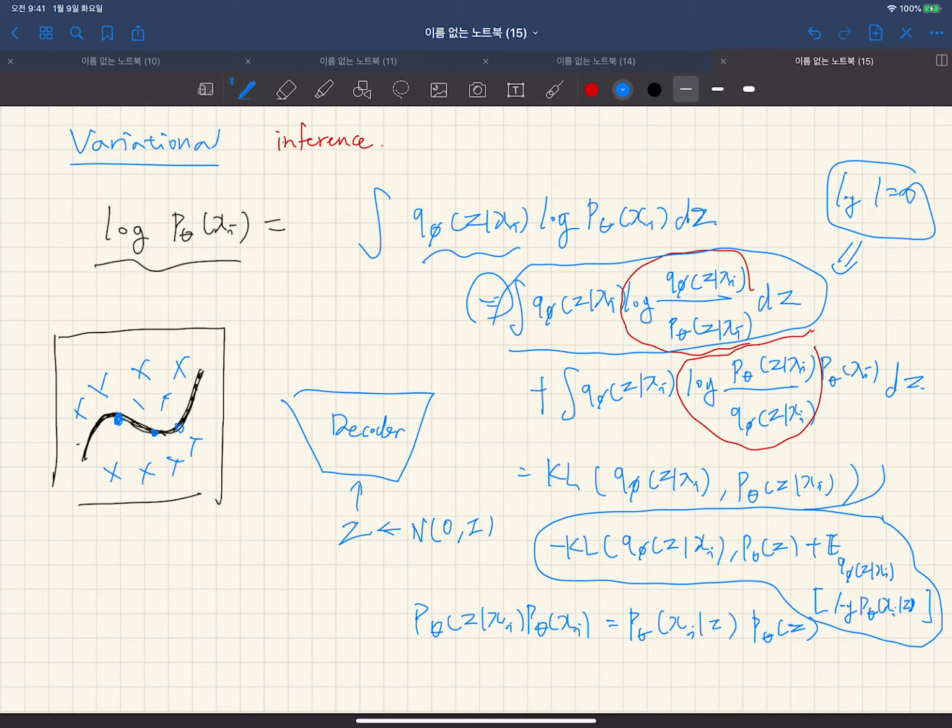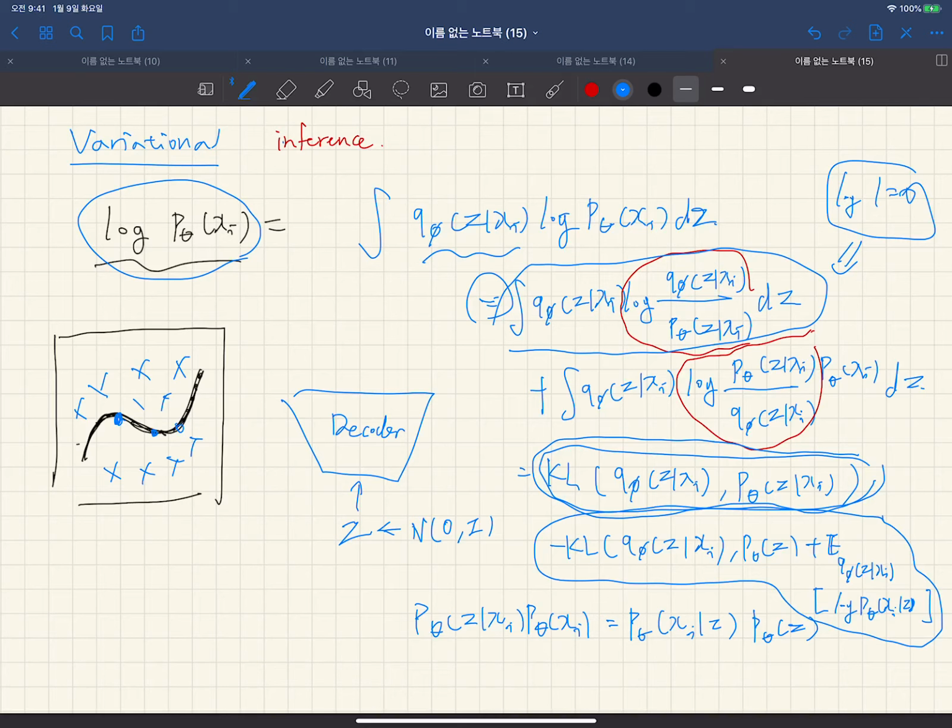And this part is an additional term that is the gap between the real log likelihood value and our VAE objective function. So when this value is equal to 0, then the variational autoencoder just maximizes the log likelihood value as we want.